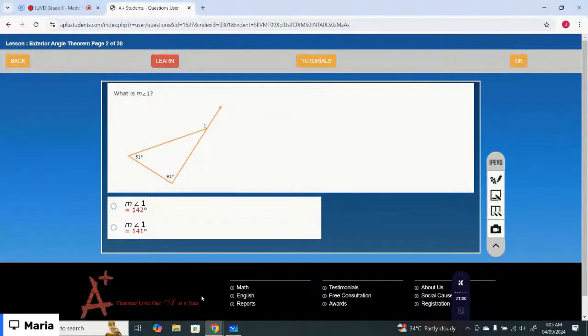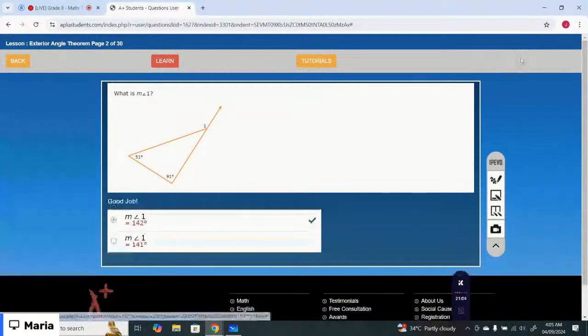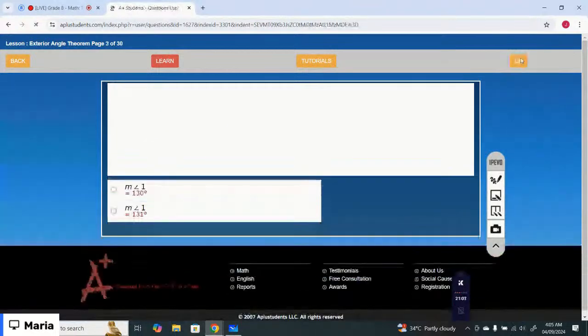That is 142 degrees. Option number 1 is the correct option. What is the measurement of angle 1?